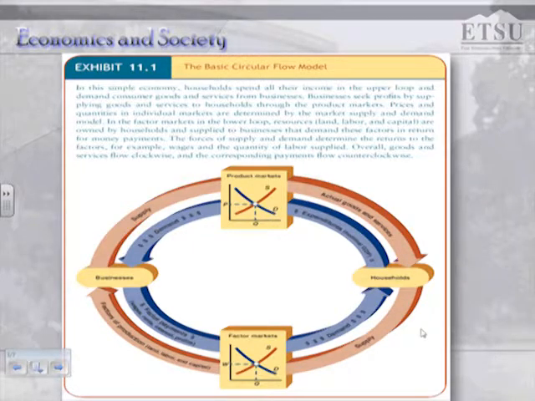Some of the money that households receive as income is not spent in product markets, but is saved for future consumption, right? We save when we are young so that we can hopefully retire someday, and so we have savings that comes out of here. It doesn't all get spent, perhaps.